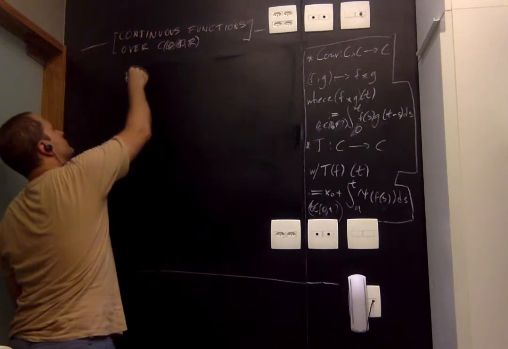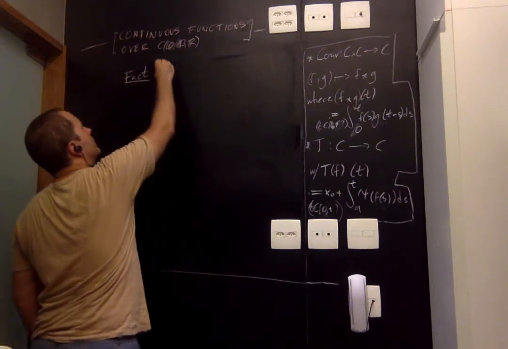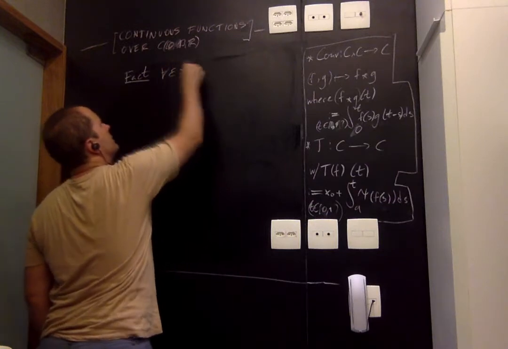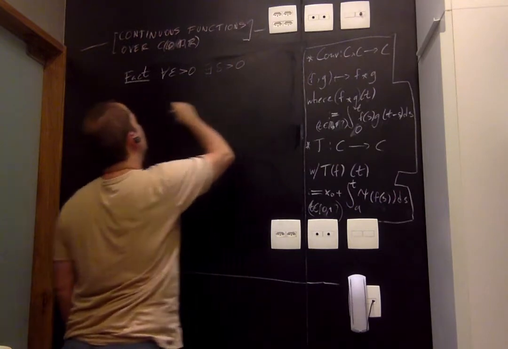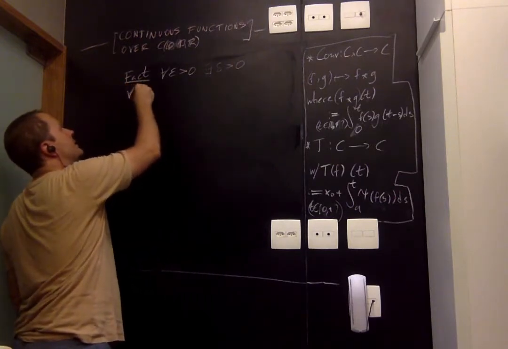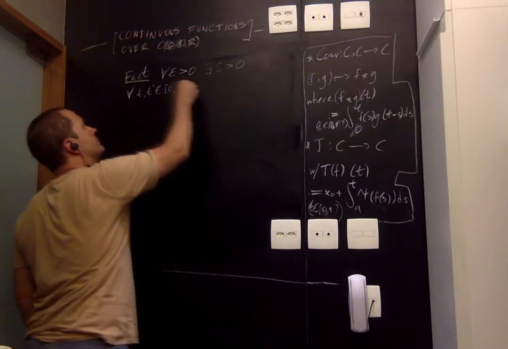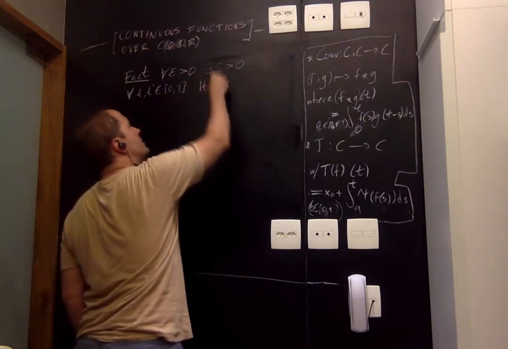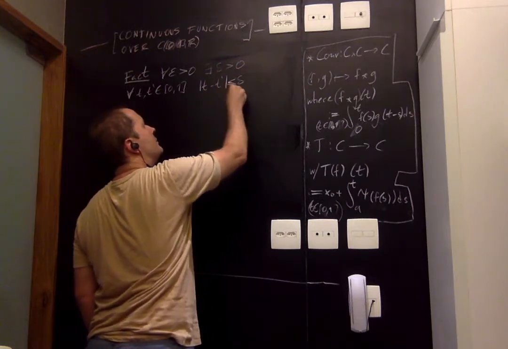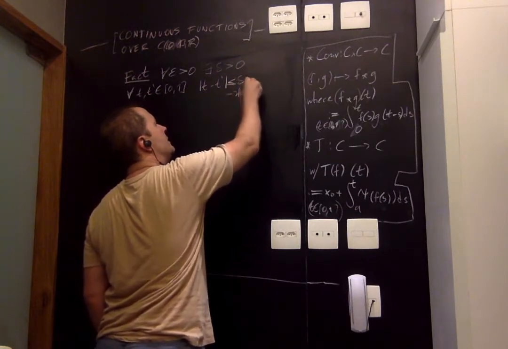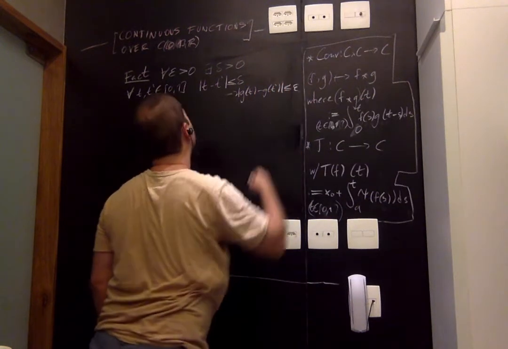Fact: for all epsilon greater than 0, there exists a delta greater than 0, such that for all points t and t prime in the unit interval, if the distance |t − t'| is less than delta, that means that the distance |g(t) − g(t')| is less than or equal to epsilon.